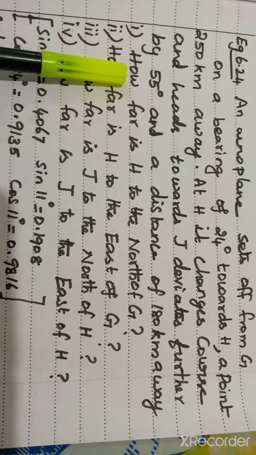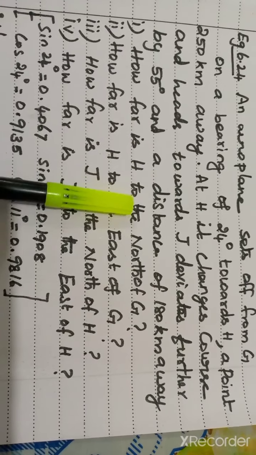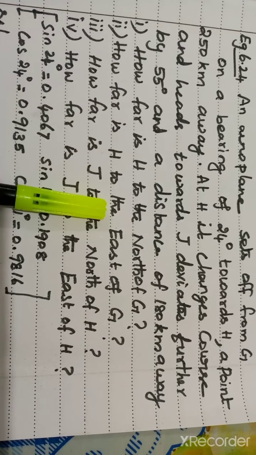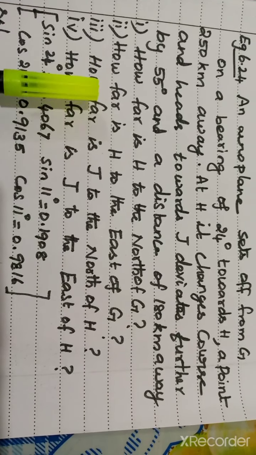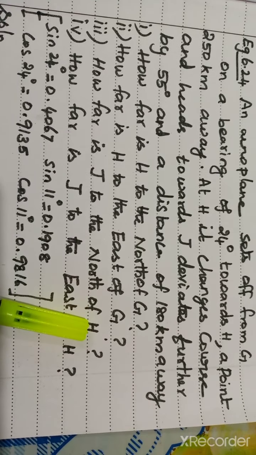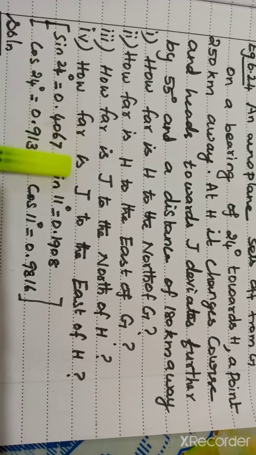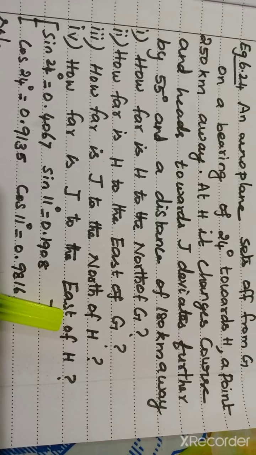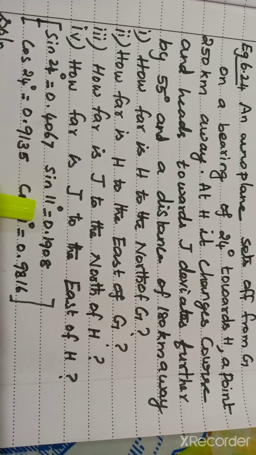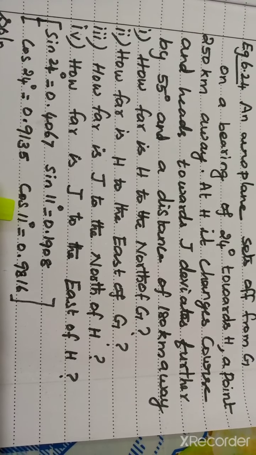First, how far is H to the north of G? Second, how far is H to the east of G? How far is J to the north of H? How far is J to the east of H? Some values are also given: sin 24, sin 11, cos 24, cos 11.